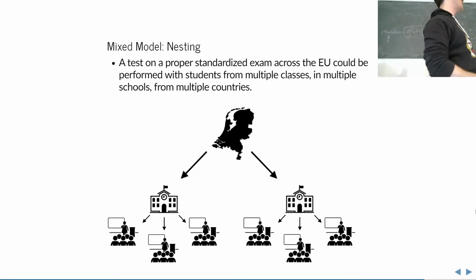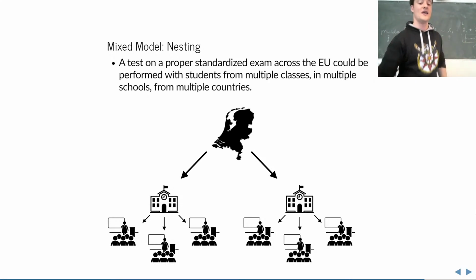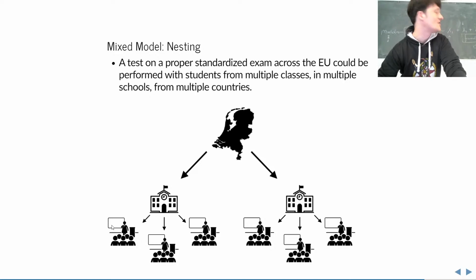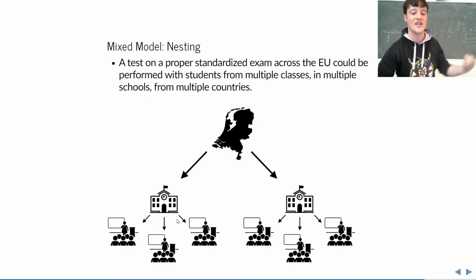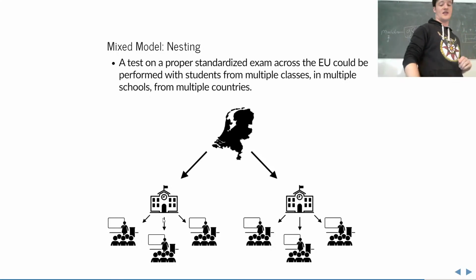Maybe one teacher is much better than another, maybe one is more enthusiastic than another, and then it will cause some difference in the end in the extent to which the students were able to learn or were exposed to the material they have to learn. So all those things affect the outcome in a hierarchy, because a class is in a certain school and a school is in a certain country. That is what nesting is.